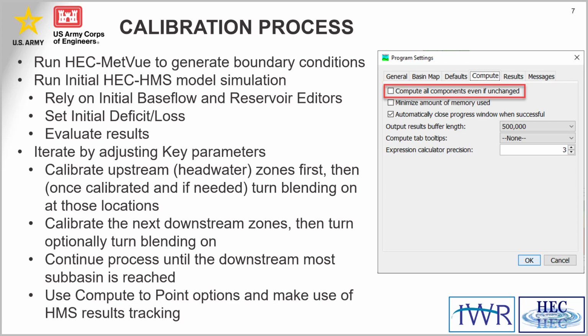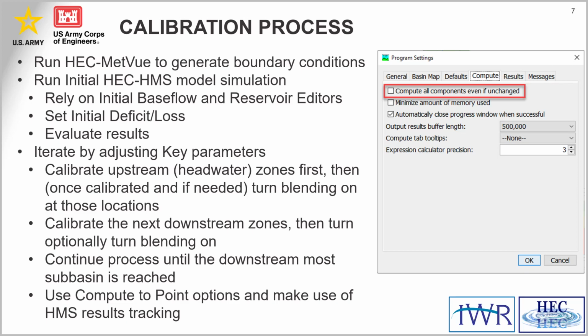And so that means that for the one that's calibrated, HMS isn't going to keep on computing what's going to happen up there, it can get the same answer every time. It's just going to push that result down to where it's needed and where it actually impacts the model being changed. So this is another option to make sure it's not checked in this case, to just save a little bit of time since we're going through this tedious calibration process, because we're not going to be running the model just once or twice.